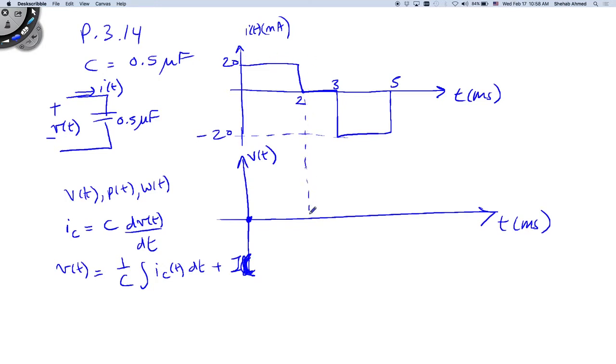So this is the current waveform. Let me draw these things here. What is the integration of a fixed quantity? A ramp, right? The integration of 5 dx is equal to 5x, so it's a ramp.